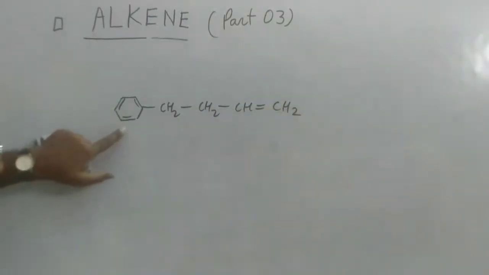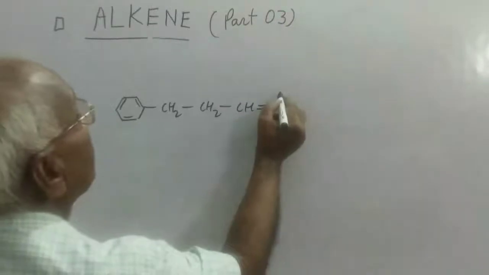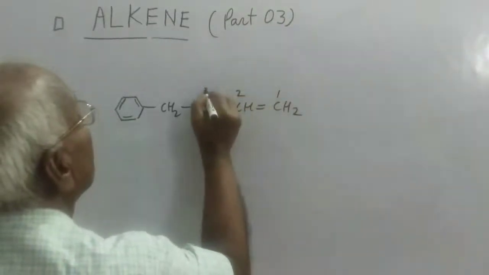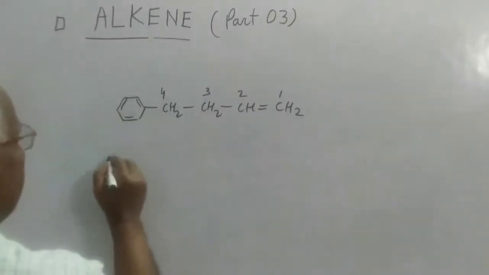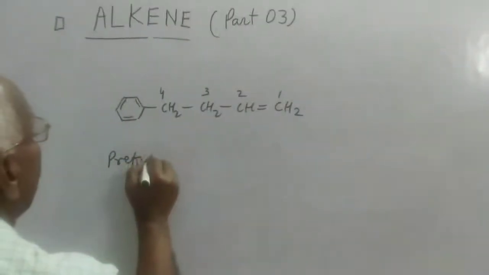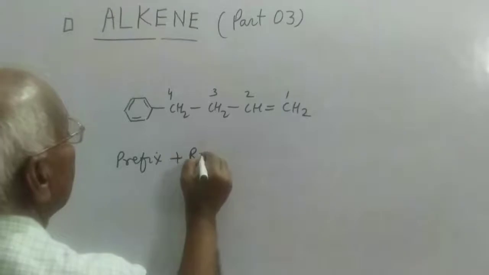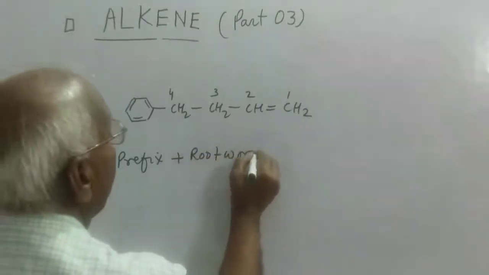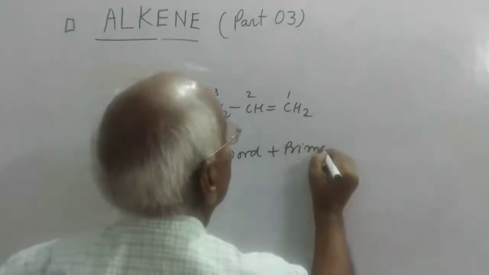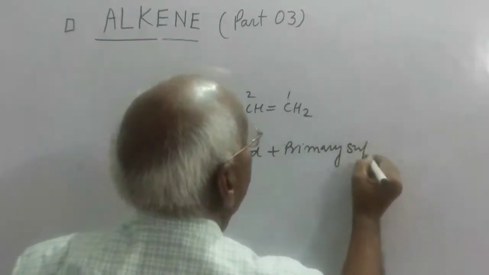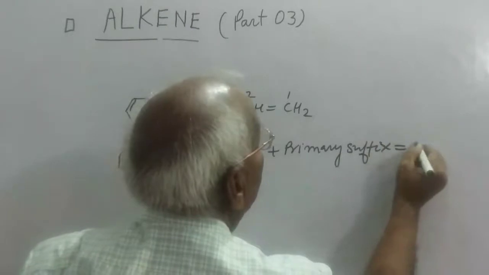This is the side chain or substituent. Numbering is given from this side: 1, 2, 3 and 4. So prefix plus root word plus primary suffix is equal to the name.